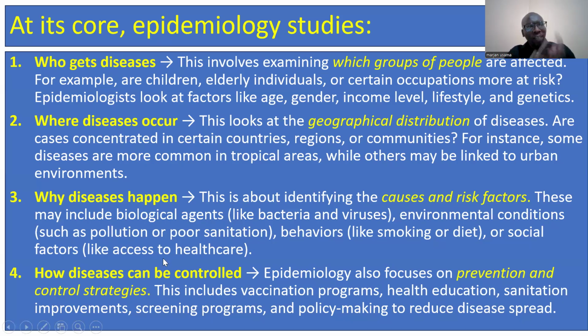Then finally, the last thing is how diseases can be controlled. So we already know the who, the where, the why, but the most important thing epidemiologists basically try to do is to control these diseases such that they do not spread. So epidemiology also focuses on prevention, al-waqaya, and control strategies.